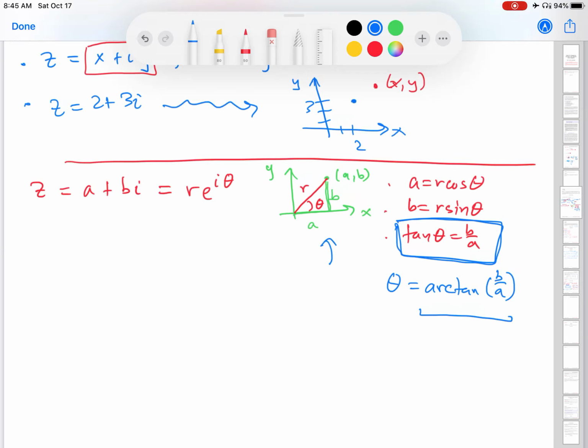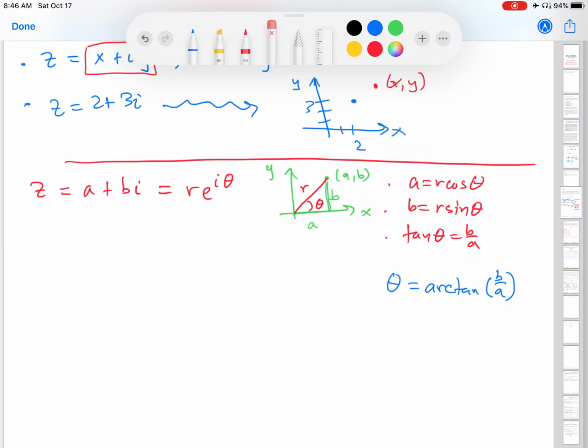It might be easier to visualize, as I've done here, where the point is first, and then use the arctangent formula to give you the theta value, and just make sure that everything lines up. Because for some values, you might need some more information than just plugging the a and b values into the arctangent formula and having it spit out a theta value.